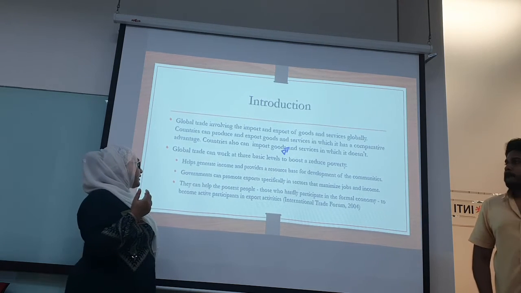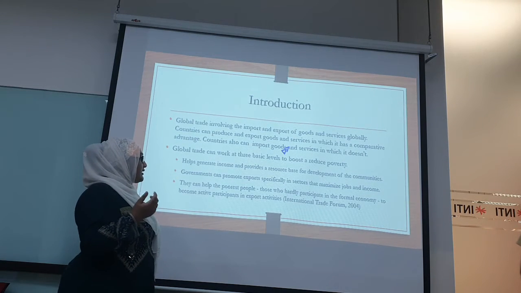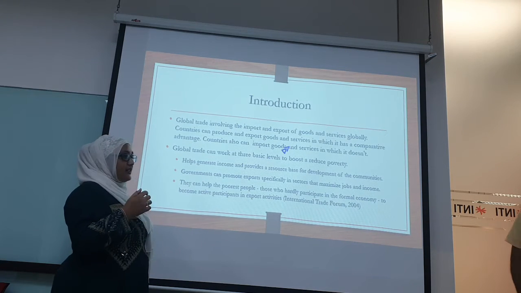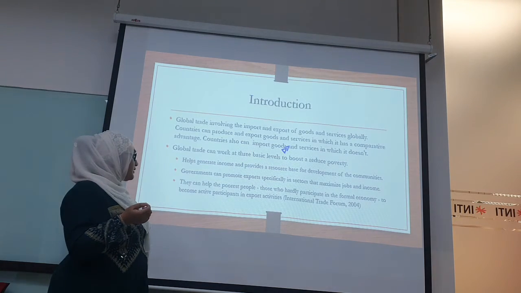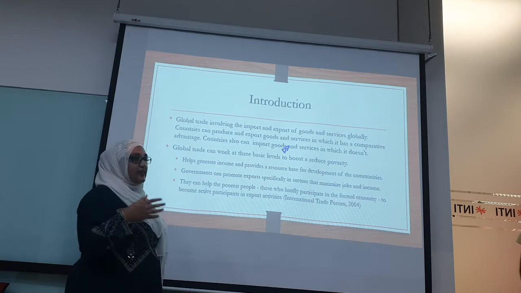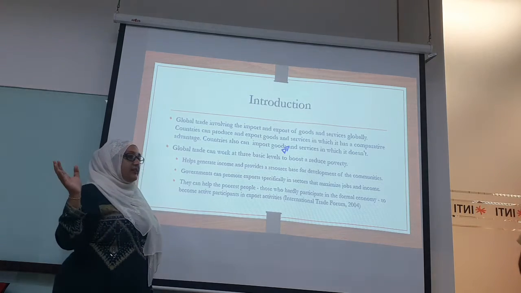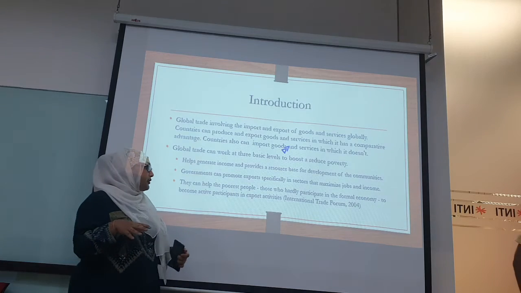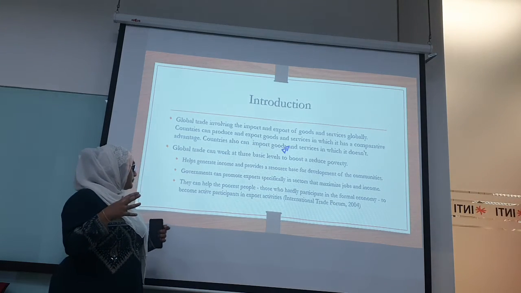Governments can promote export, especially in the sectors that maximize jobs and income in their country. They can help the poorest people, those who hardly participate in the formal economy. These are people in the rural areas of the country, like the farmers and all, to participate in the economy.